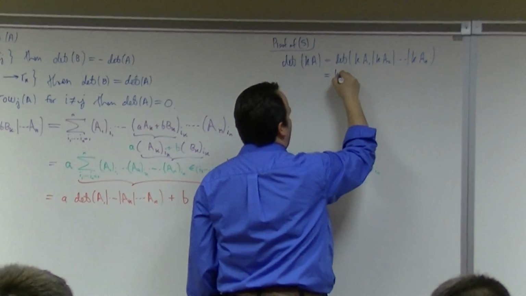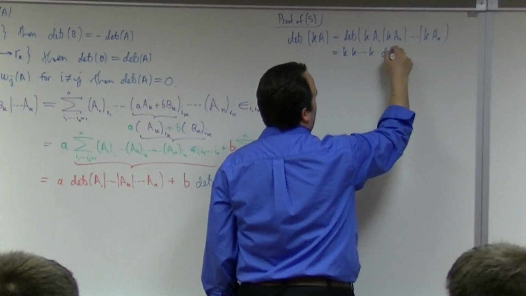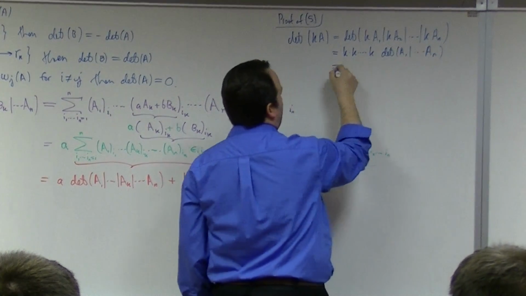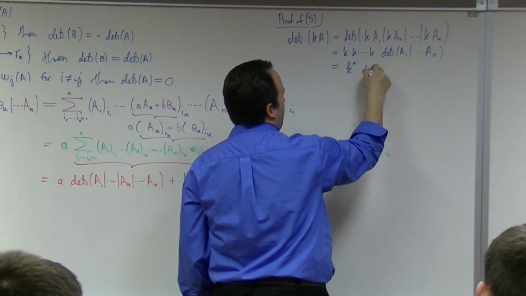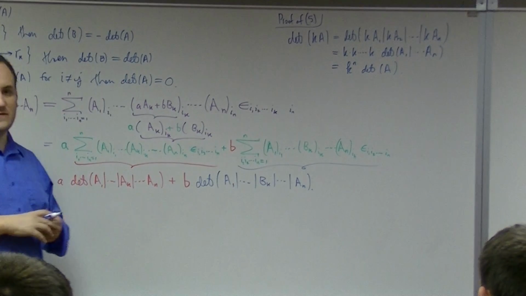So you pull out k times k, and then you get k to the n times the determinant of A. That's property 5. But 5's not bad once you have 4.